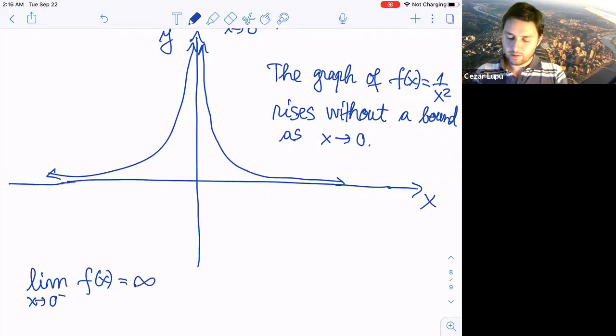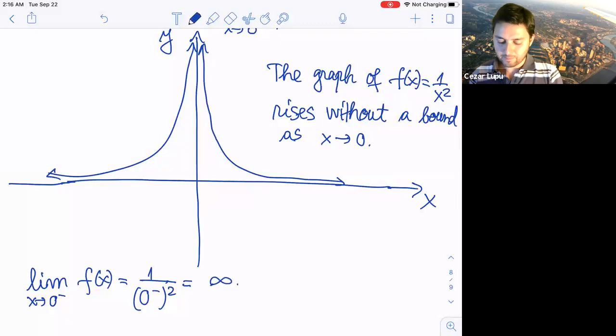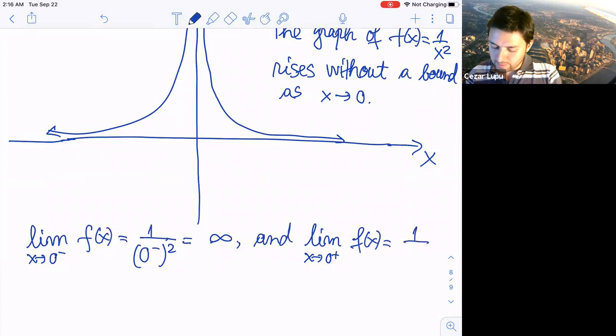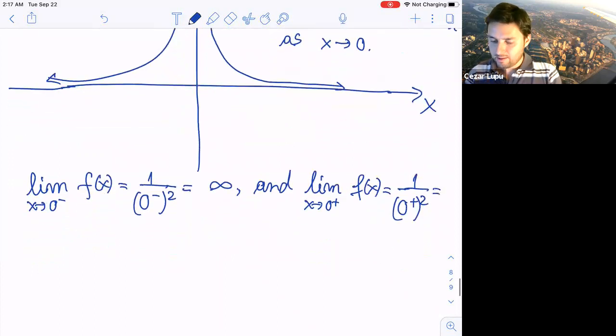In fact, let me explain it a bit more. This will be 1 over 0 minus squared, which will be infinity. And the limit as x approaches 0 from the right of f of x will be 1 over 0 plus squared, again infinity.